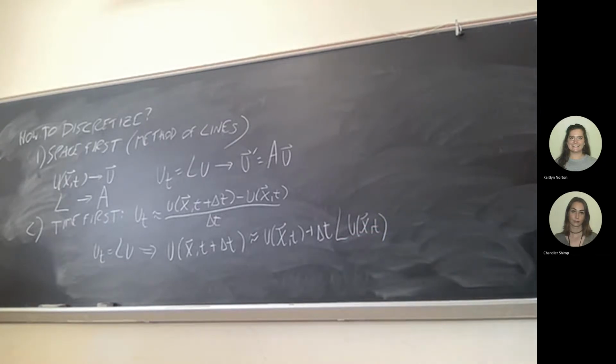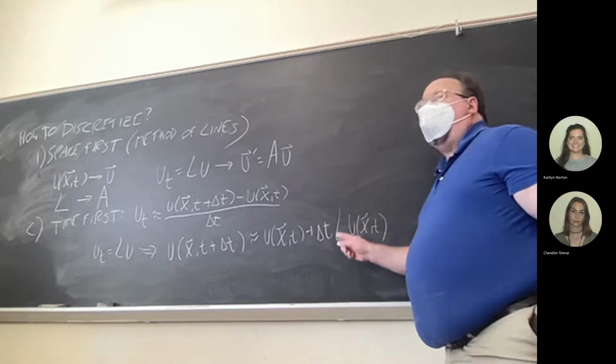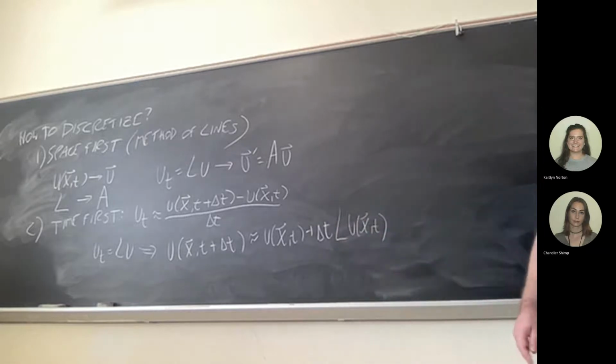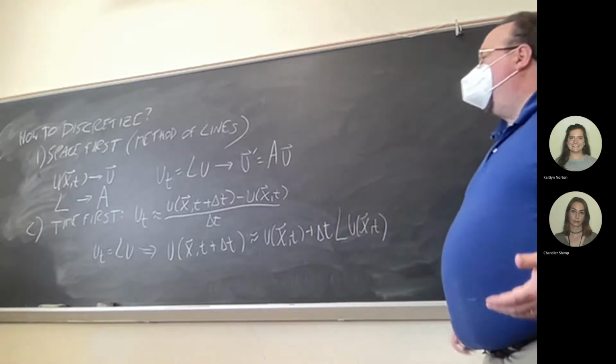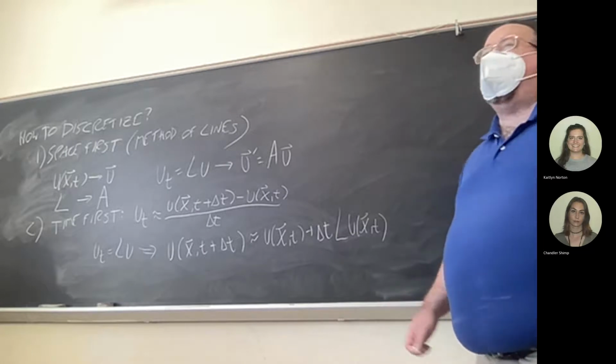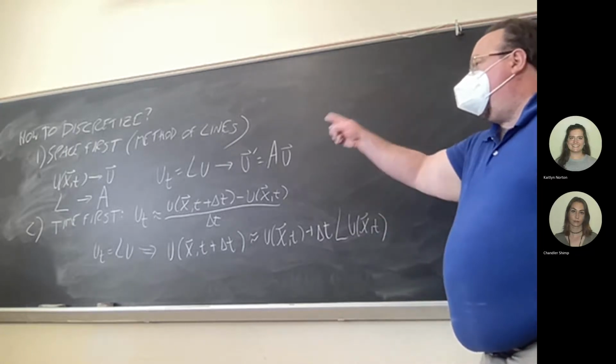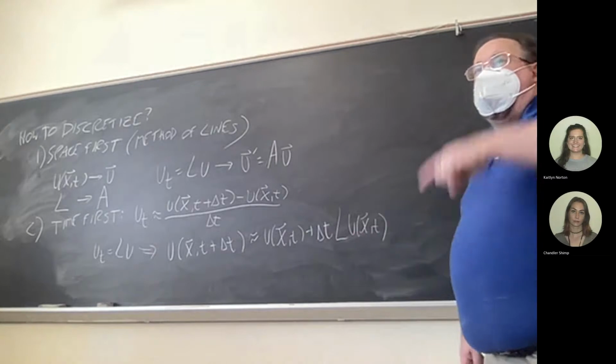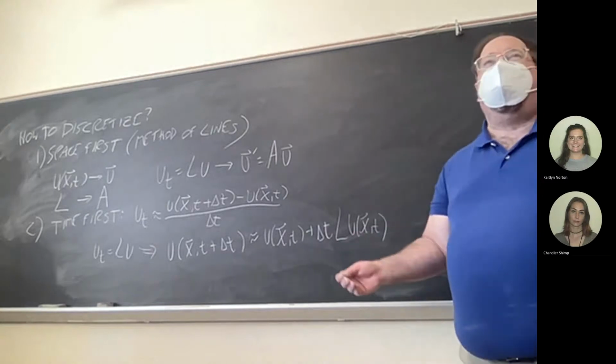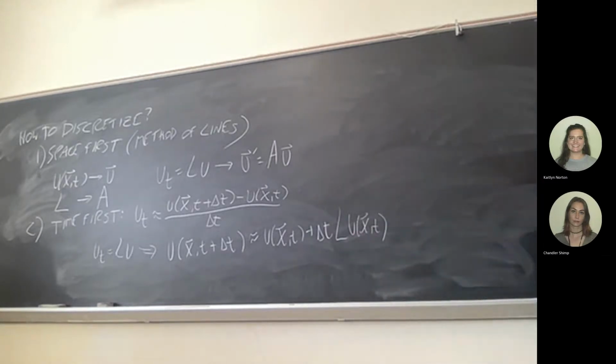Now, you could then choose to discretize this. In a lot of cases, you can arrive at certain numerical methods for PDEs by discretizing first in space, then in time, or in time, then in space, and arrive at the same result. It just depends on which approach you're using to discretize in space and time.